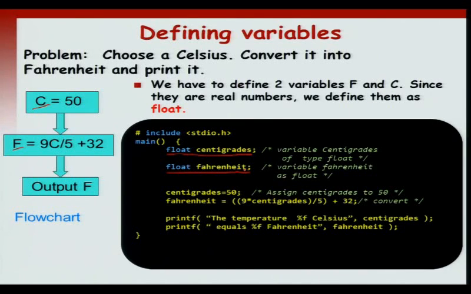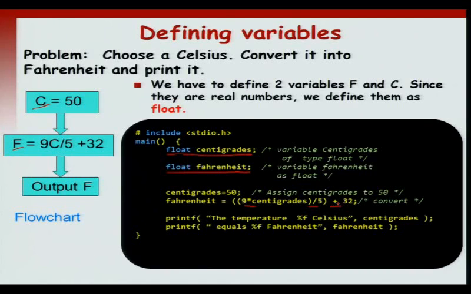Let us say that the input is 50 degrees Celsius, and then the formula for Fahrenheit is exactly the same as what we have in the flowchart. We have 9 times centigrade divided by 5 plus 32. Notice here that these are arithmetic operators. The star operator stands for multiplication, forward slash stands for division, and plus stands for addition.